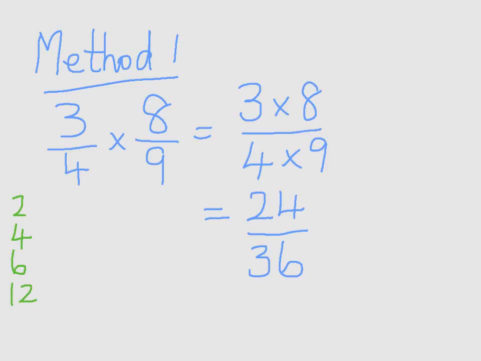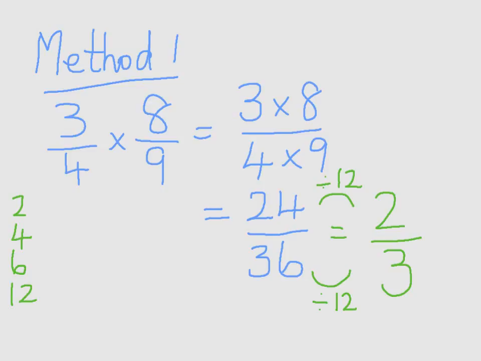Now, remember when we were doing our simplifying before, it's always best to pick the largest common factor that we can find, because that reduces the number of steps we have to do. So if they both have 12 as a common factor, we can divide the numerator and the denominator by 12, and we get 24 divided by 12 is 2, 36 divided by 12 is 3, so we get our answer in its simplest form as 2/3.